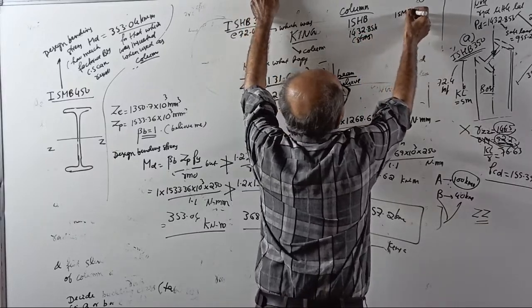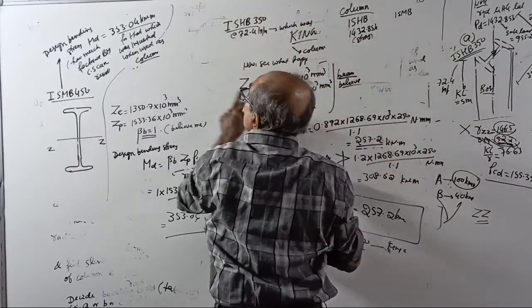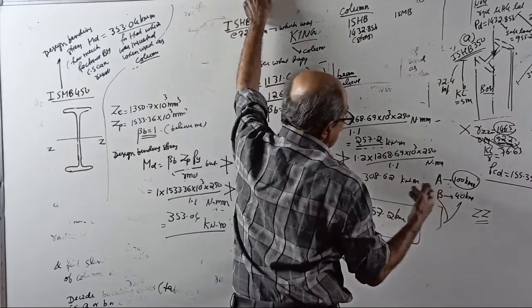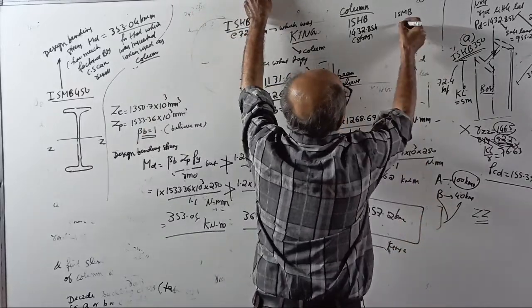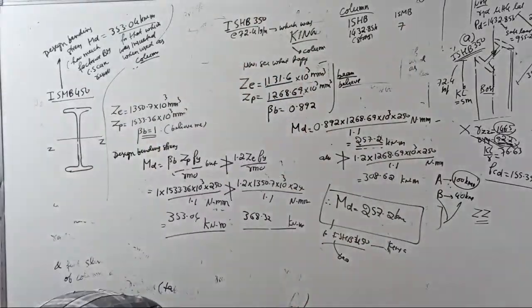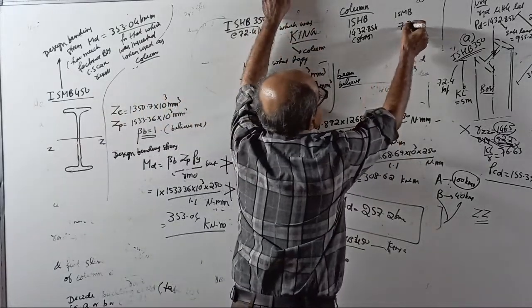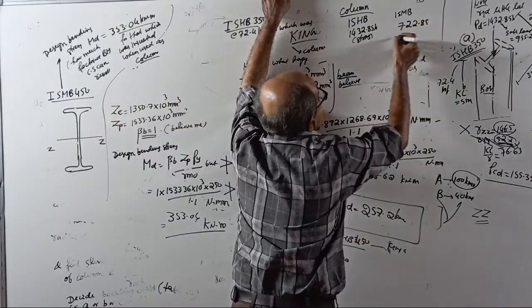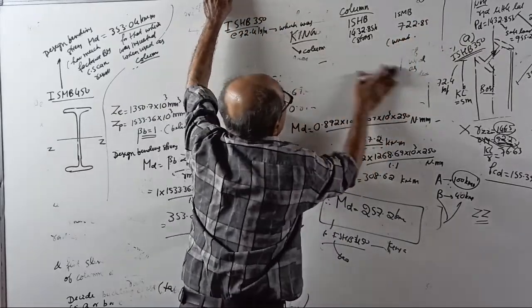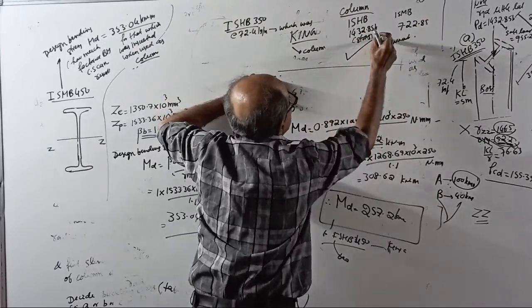Your ISMB has a strength of 722.85. That is very, very weak. This is when used as a column. So column ISHB is the king one.